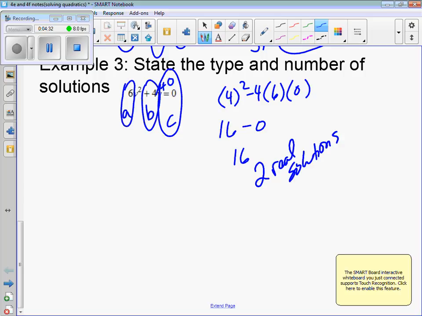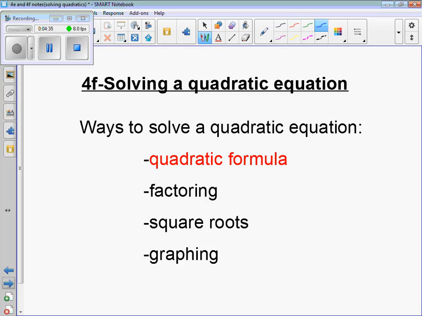Moving on. 4f is solving a quadratic equation. Any equation in the form ax squared plus bx plus c equals 0 is considered a quadratic equation. There are 4 different ways we're going to look at to solve this. The first one is the quadratic formula. This is the only way that works every single time.